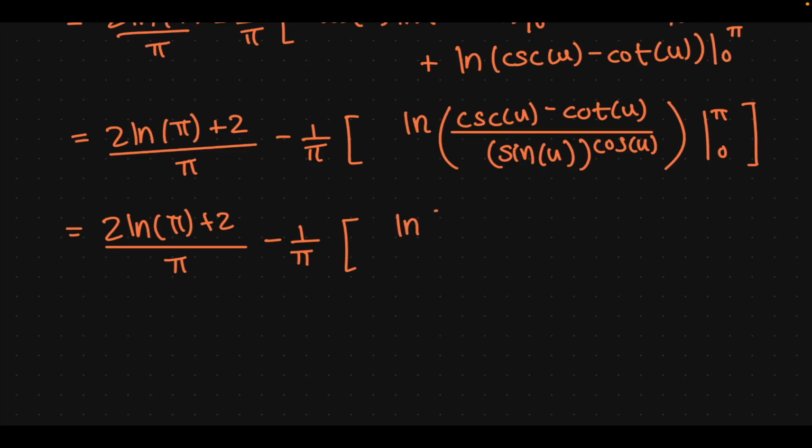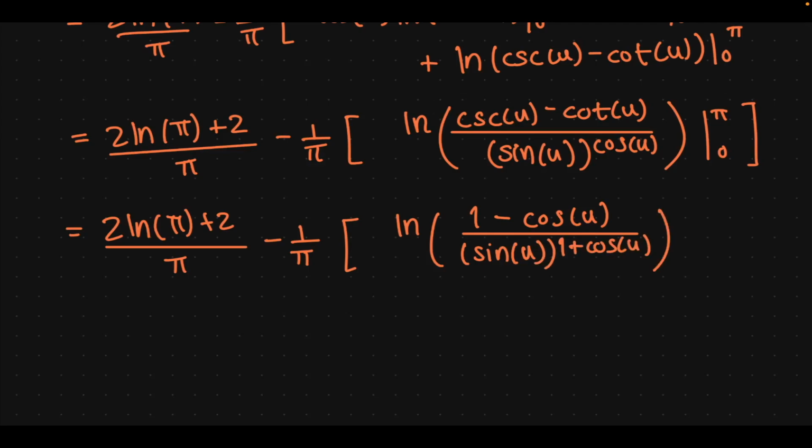We can write this as cosecant is 1 over sine. So we can take the sine power down, and cot is cosine over sine. So we have a combined sine of u, which I can write using the properties of exponents as 1 plus cosine u, 0 to pi.